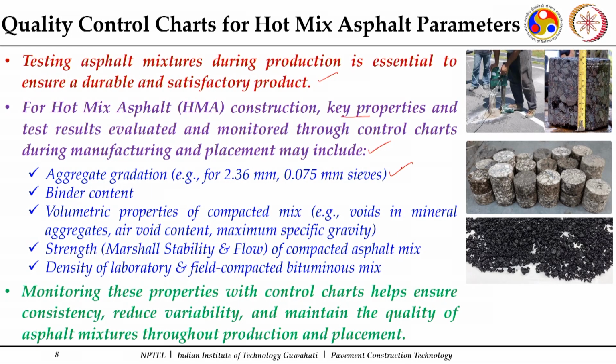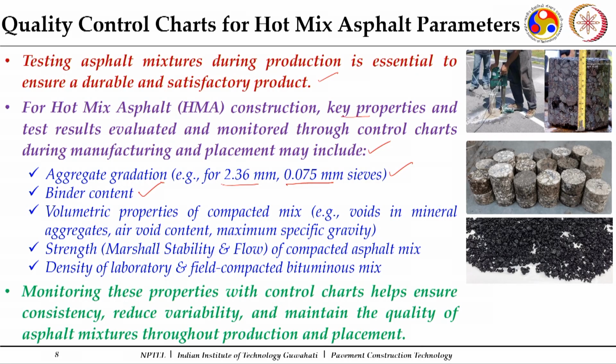Now, in aggregate gradation, you have a number of sieves, maybe 7, 8, 9 sieves. So, certain sieves are always considered as critical, maybe the 3/8 inch sieve is one, the number 200, that is the 75 micron sieve, is always considered a critical one. 2.36 mm is considered a critical one, which bifurcates coarse aggregates and fine aggregates.